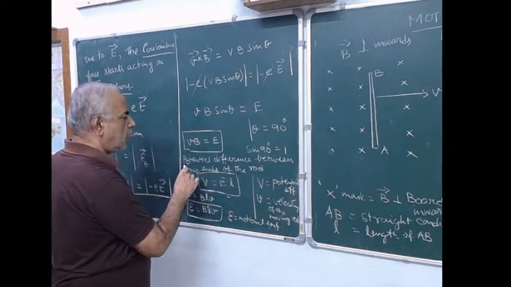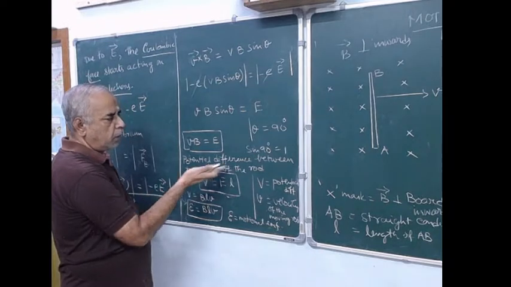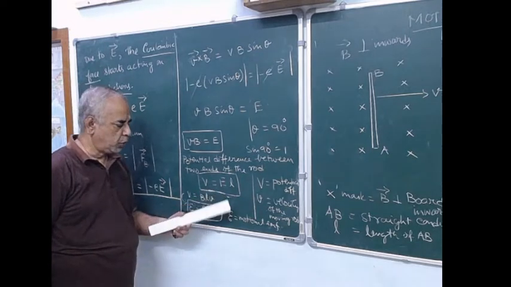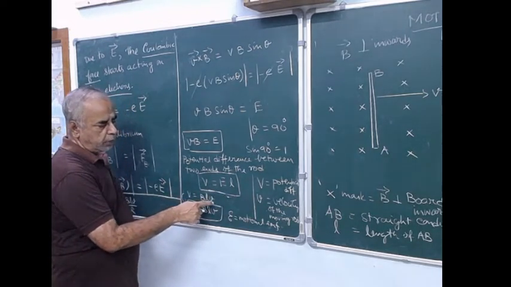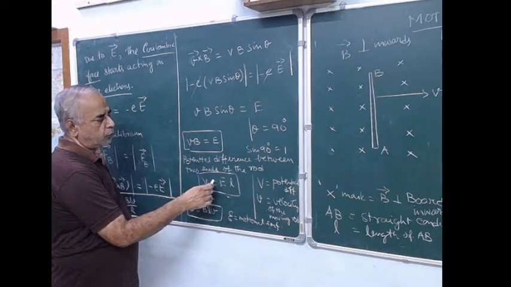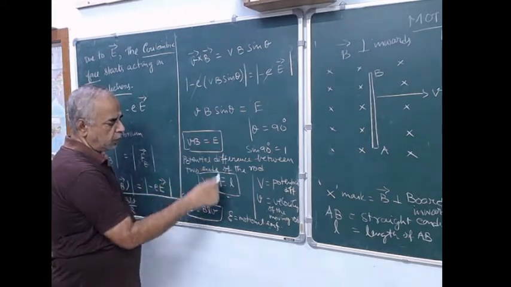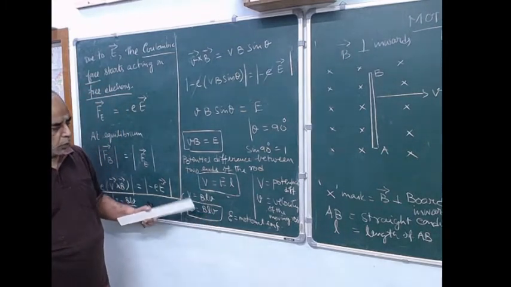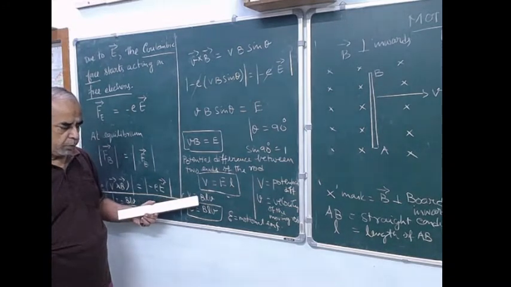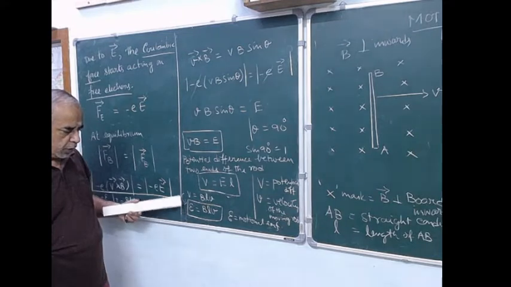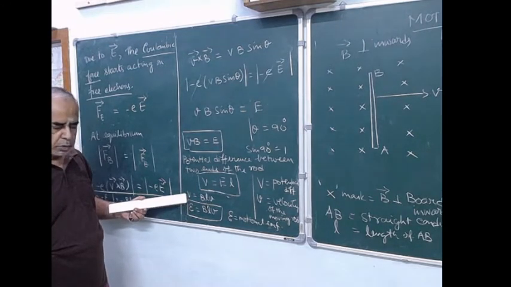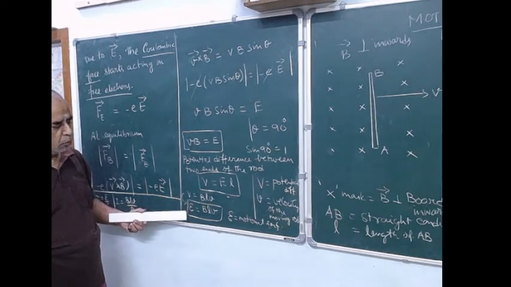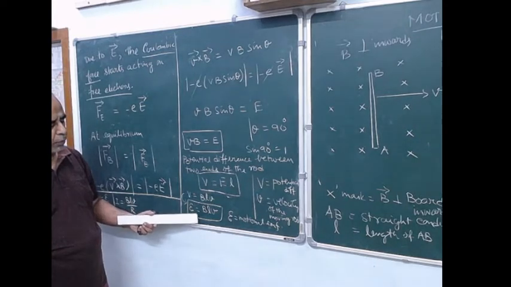The potential difference between the two ends of the rod is given by E into L. Substituting the value of E, we get BLv. This potential difference is the electromotive force due to the motion of the rod, called the motional EMF. So motional EMF is given by BLv.